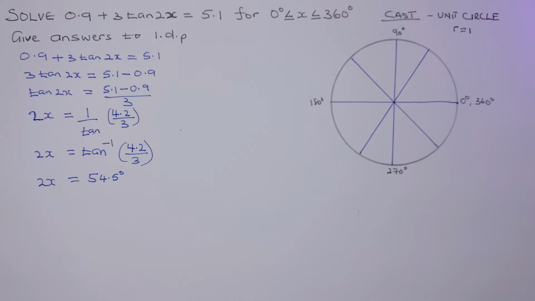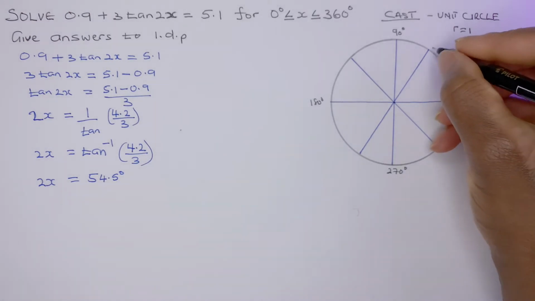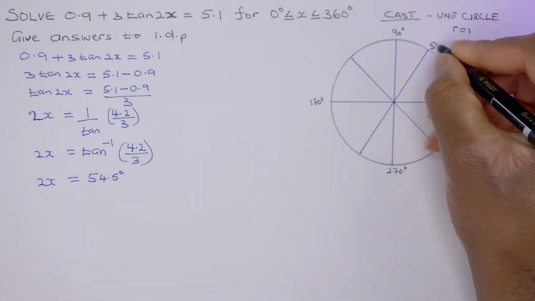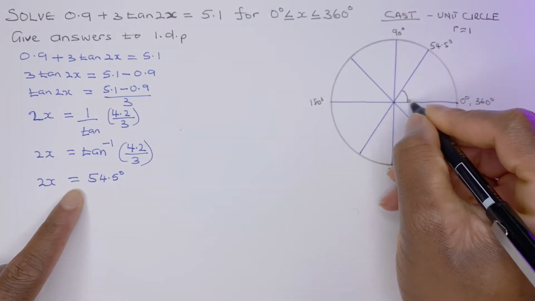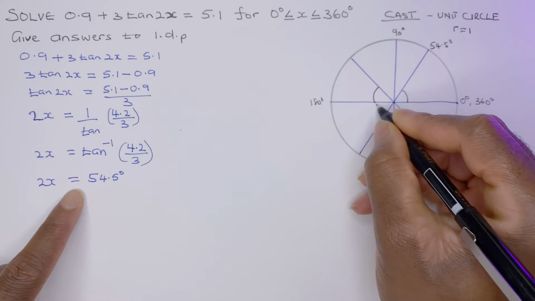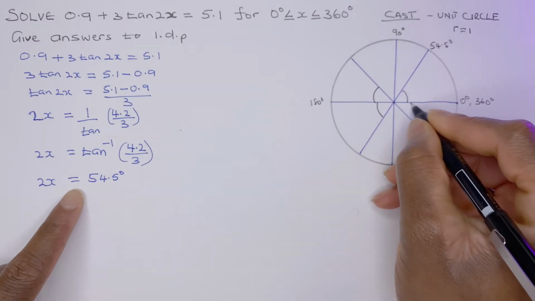So this angle is 54.5 degrees, and this is also 54.5, this is 54.5, and that's 54.5.